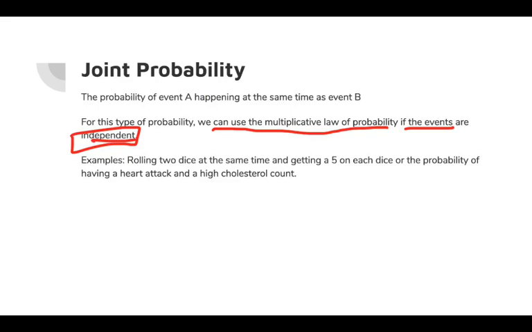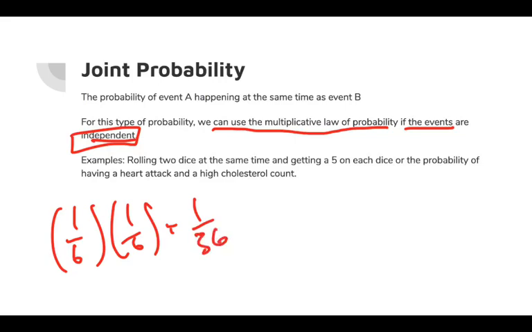Those outcomes are separate. So I could use the multiplicative law and say 1/6 times 1/6 is going to give me 1/36 as my joint probability, and toss that into a calculator to get the decimal for that.